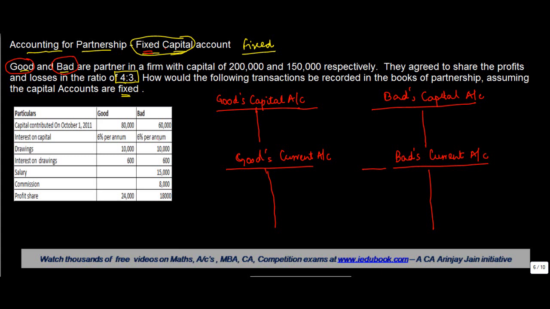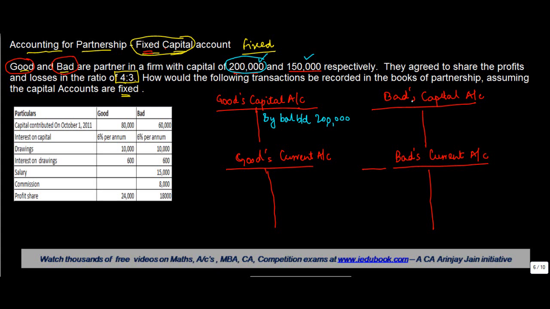Good and Bad are partners in a firm with a capital of 200,000 and 150,000 respectively. So there's a balance of capital for Good, which is 200,000, and Bad, 150,000. So we write by balance brought down. This is Good's fixed capital account, so in a fixed capital account the balance remains unchanged, 200,000.